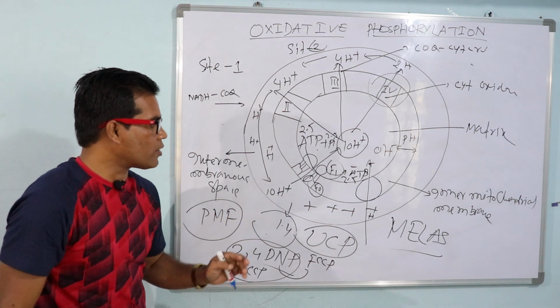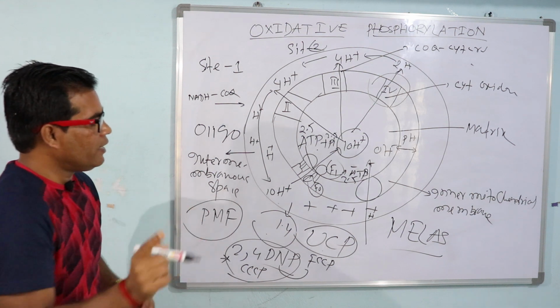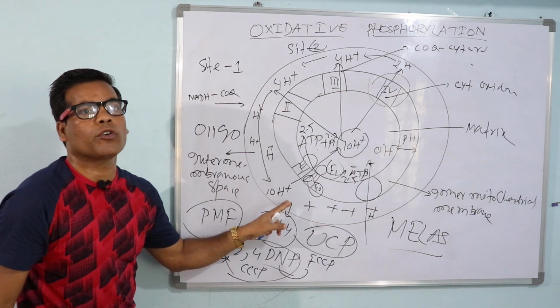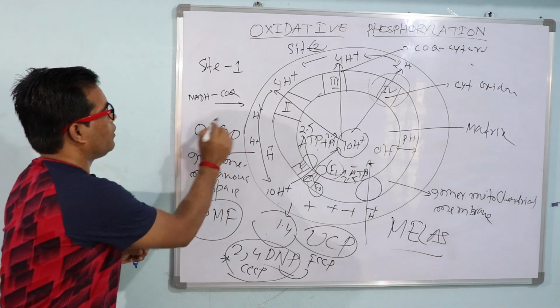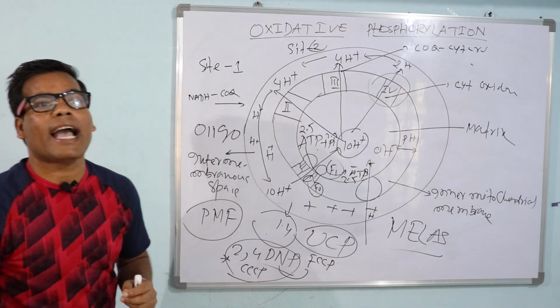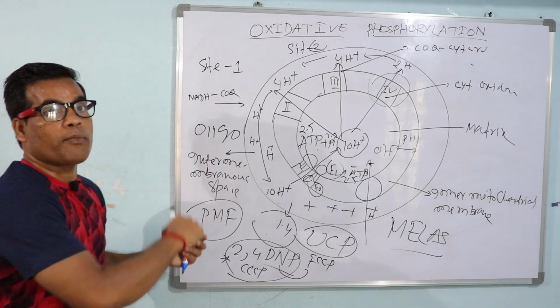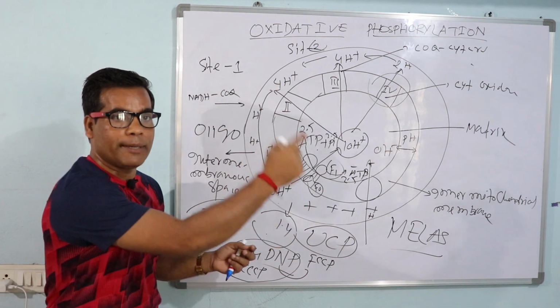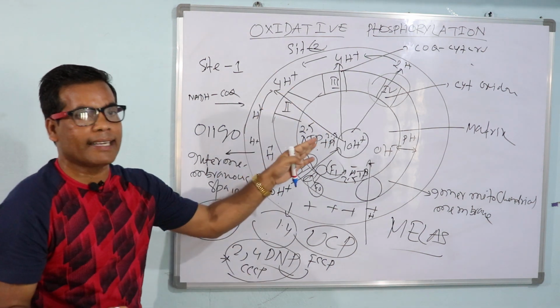There are 3 inhibitors. One is called oligomycin, which inhibits the transfer of the proton from the intermembrane space to the matrix. The second one is called atractyloside, which inhibits the transfer of ADP to ATP or ATP to ADP from the matrix to cytoplasm or cytoplasm to matrix.